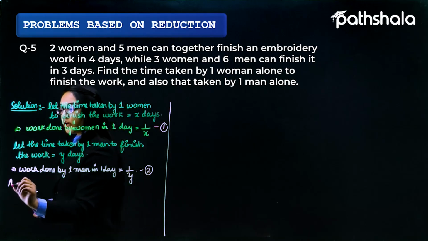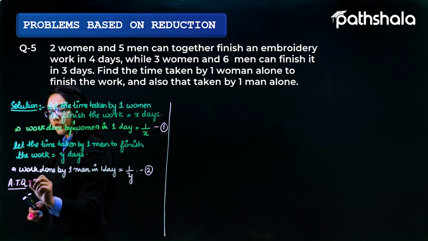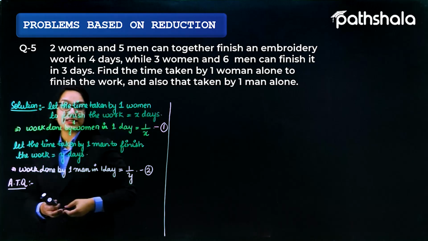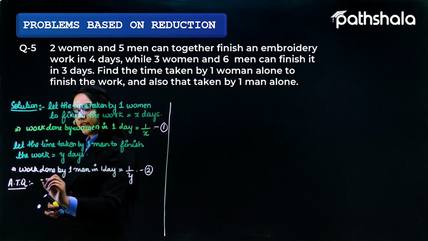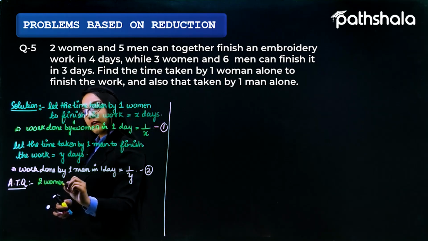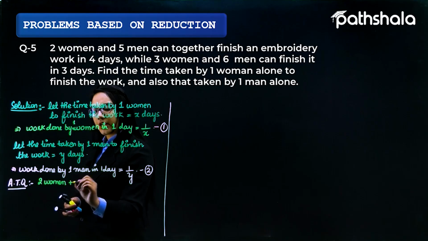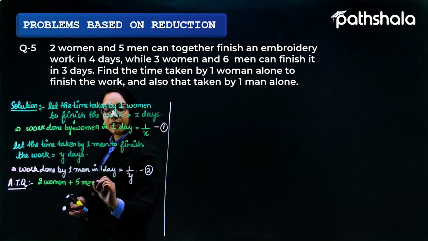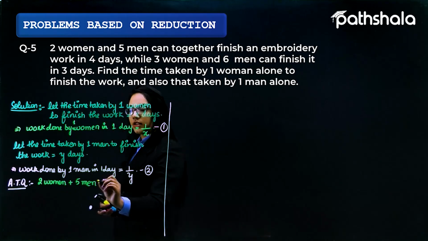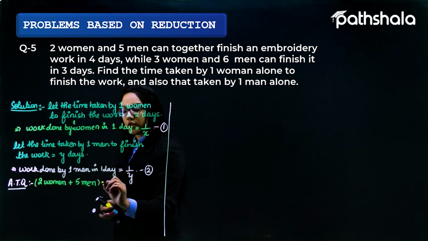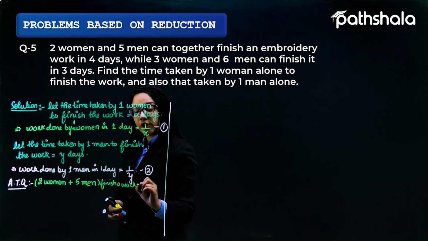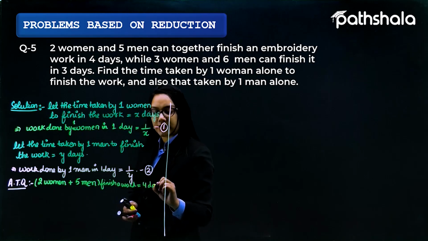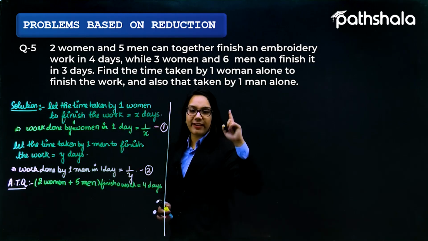According to the question, 2 women plus 5 men can together finish a work in a total of 4 days. So let's talk about their 1 day efficiency.